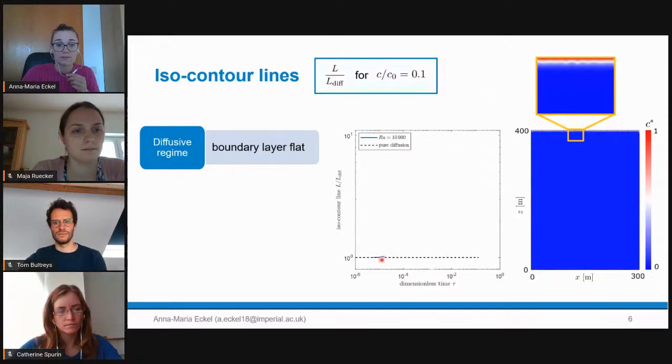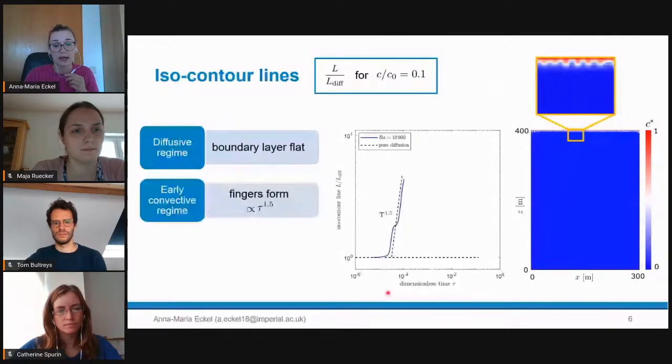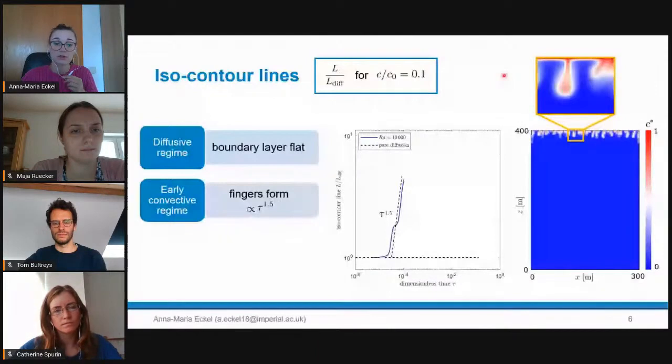But after a while, a microscopic convective finger pattern is created, and as the fingers are forming and elongated, the isocontour strongly increases with a growth rate of tau to the power of 1.5.